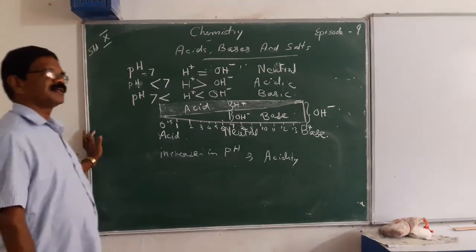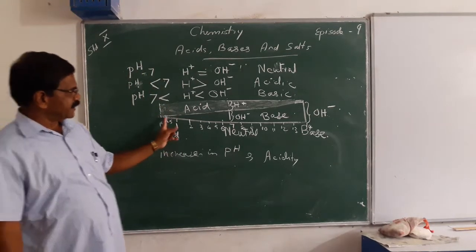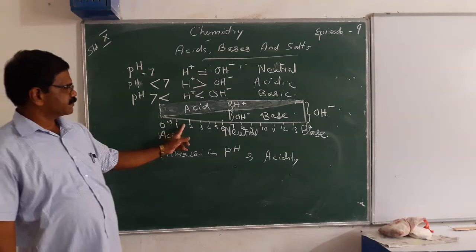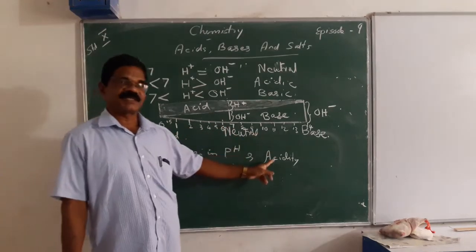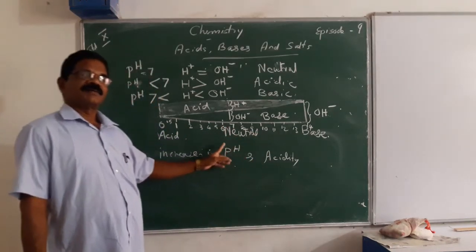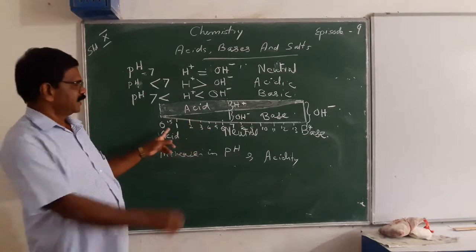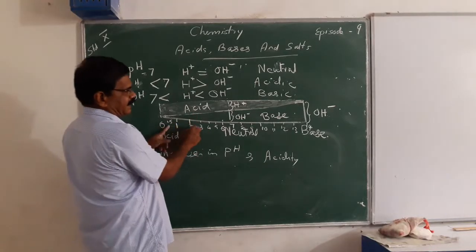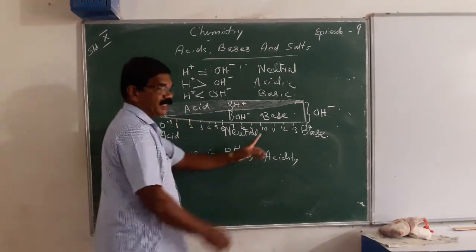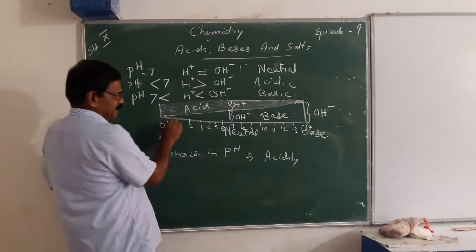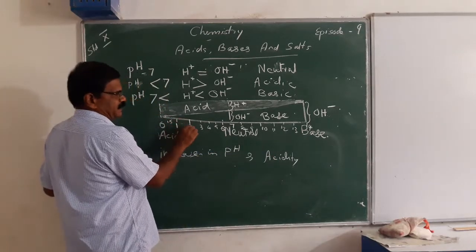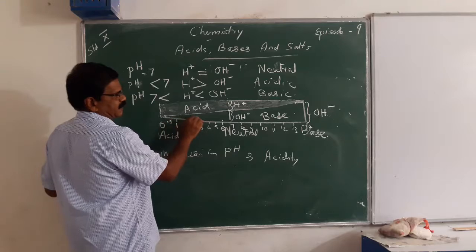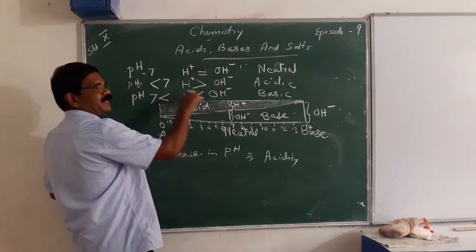Can you say? What is the answer? When the pH increases, acidity decreases. When the pH increases 1, 2, 3, 4, acidity decreases.